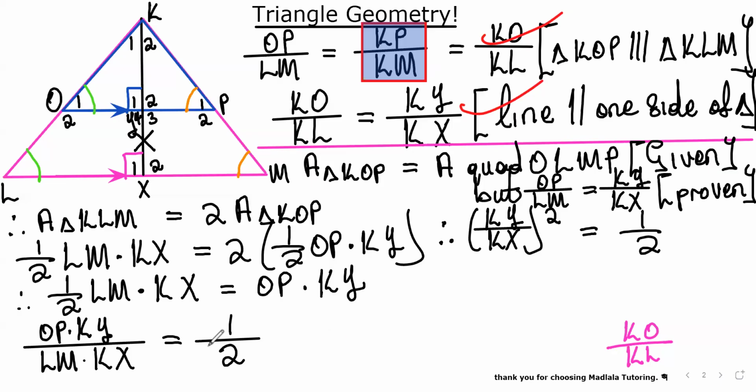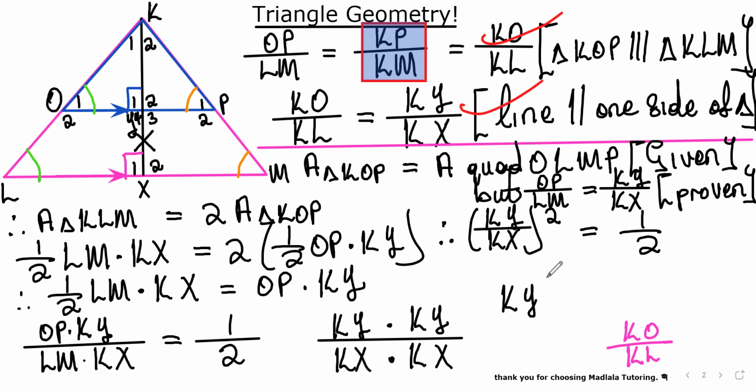It comes from the fact that where I see OP over LM, I put KY over KX. That's where it comes from. So ultimately, I had something like this. And KY times KY, it's KY squared. KX times KX, it's KX squared. You could have decided to write it as KY squared over KX squared. But I just prefer to say KY over KX, which is all squared.